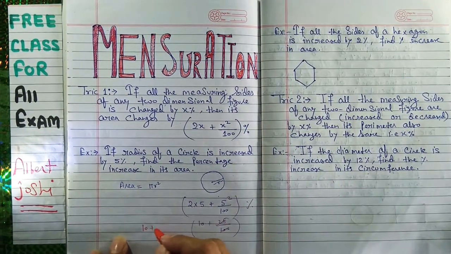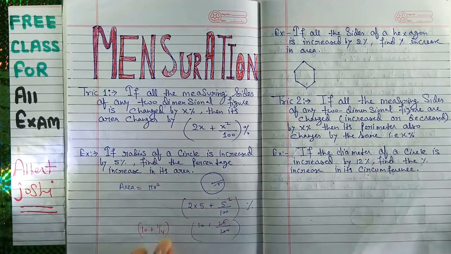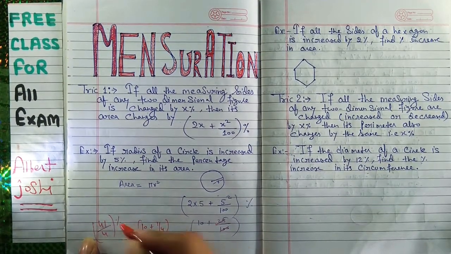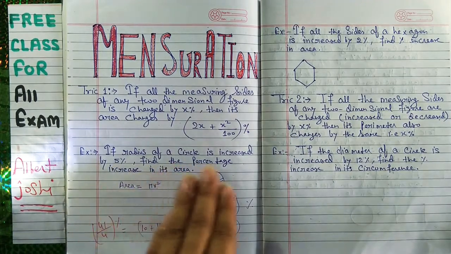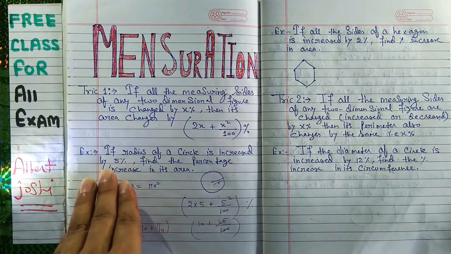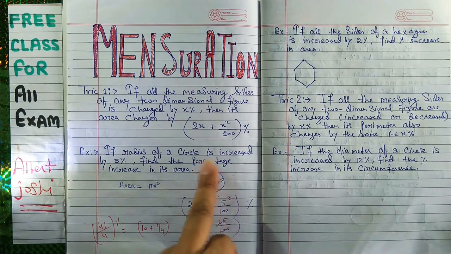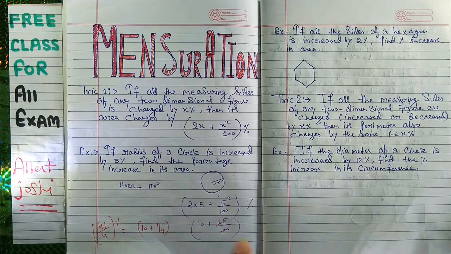So 10 plus 1 upon 4 is 41 upon 4%. If you increase the radius of this circle by 5%, the total area will increase by 41 upon 4%. You put the value here and then calculate.